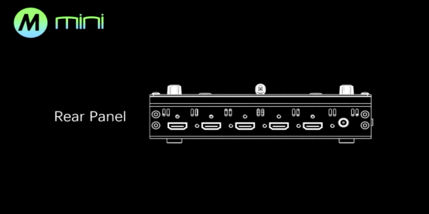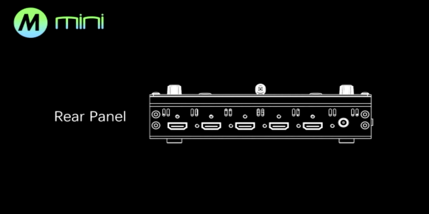Okay, let's see the appearance of Mini, because some customers never saw the webinar where we introduced Mini before. So I'd better introduce the appearance, the interface and the buttons again first. As you can see, the first picture is the rear panel of Mini, and there are 5 HDMI ports.